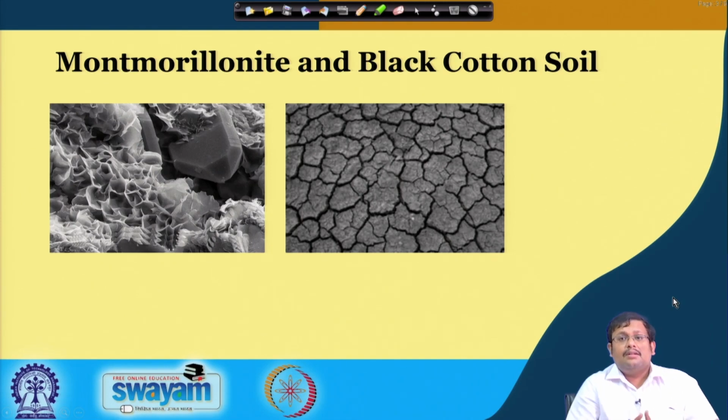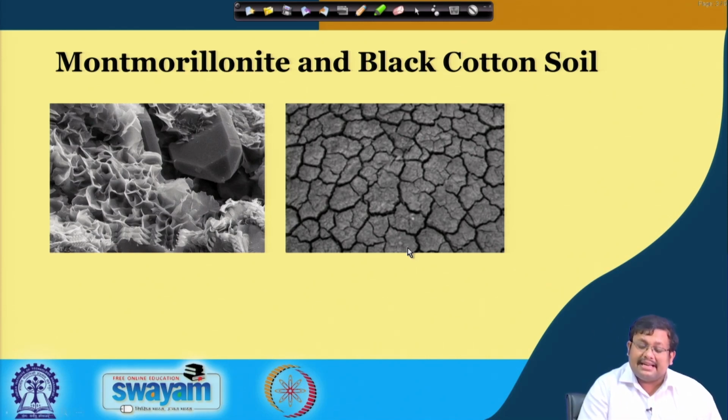This is the electron microscope view of montmorillonite. You can see it is an irregular flake-like structure, and the clay in India which is mostly dominated by this montmorillonite type of clay mineral is the black cotton soil, which you can see in the peninsular region, especially in Maharashtra. So, here you can see this type of soil, and as a result of swelling and shrinkage, this soil looks like this.